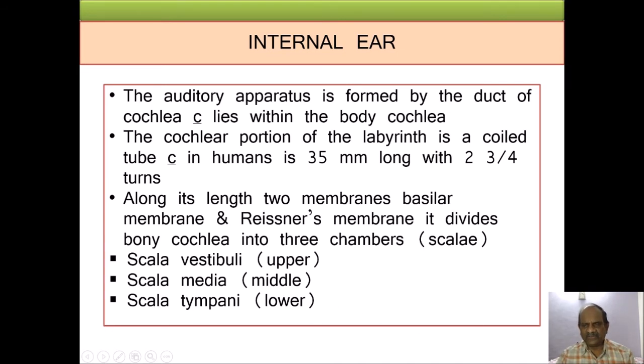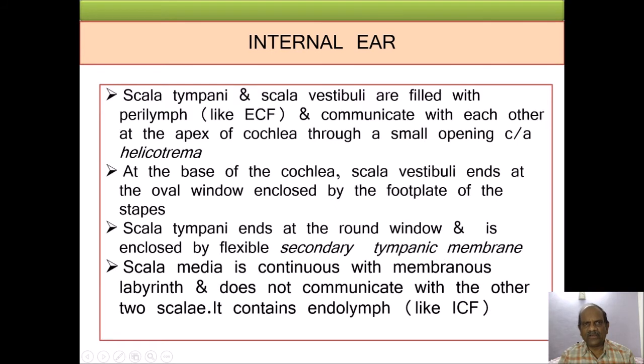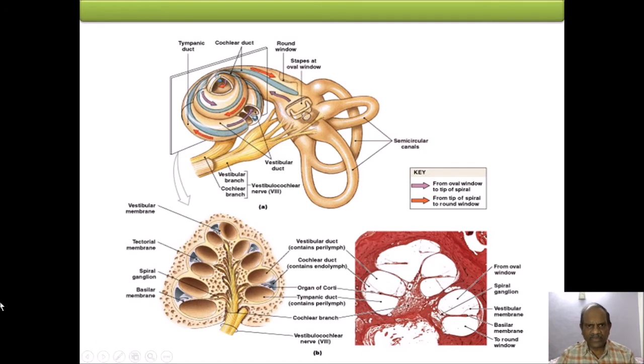Now just give a look to the further figure. Let us take the vertical section, and what you will find is the first coil or round of the cochlea, followed by the second, and then followed by 2 and 3/4 rounds of the cochlea.